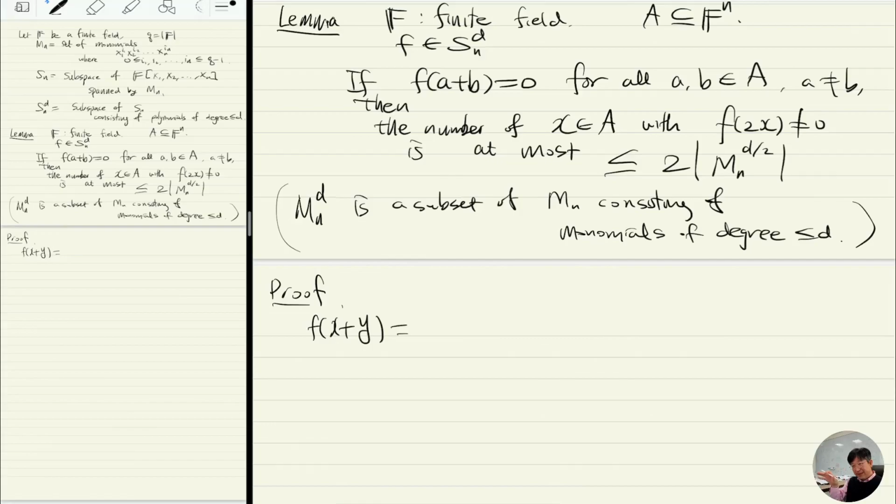And if you expand it, then it will become a sum of monomials, where m of x, m prime of y, where m and m prime are the monomials.